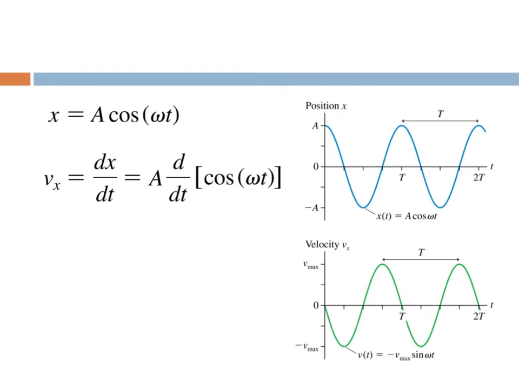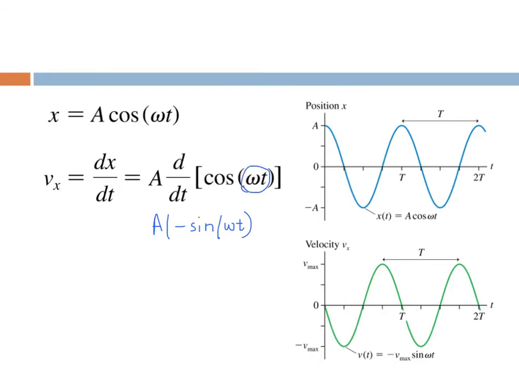So again, velocity is the first derivative of the position with respect to time. So I need to get the derivative of this cosine omega t function. Now when you take the derivative of a cosine, it is simply, a is a constant, negative sine. You leave everything that's already there, and then you multiply it by the derivative of the inside.